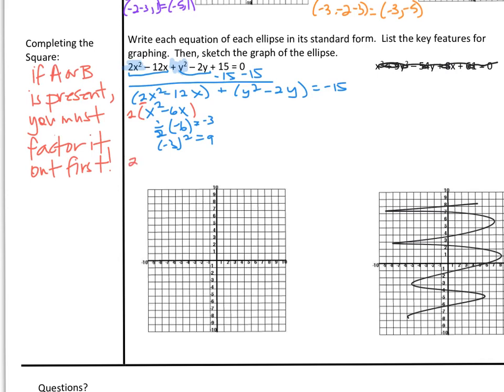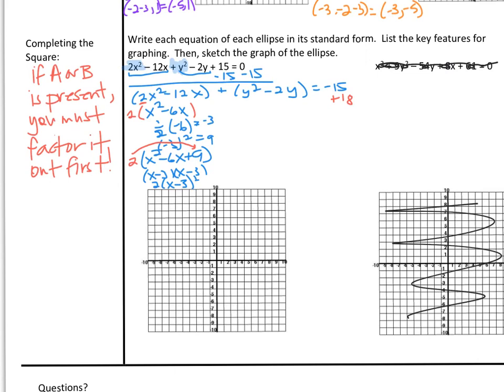But there's that 2 out in front, and if we add 9 to the inside, x squared minus 6x plus 9, we have to remember that we have to do 2 times 9, and that's 18. And that's what we add to the other side. So just wrap your head around that for a second. And then we'll factor x squared minus 6x plus 9 would be x minus 3 and x minus 3. So that would be 2 times x minus 3 squared.